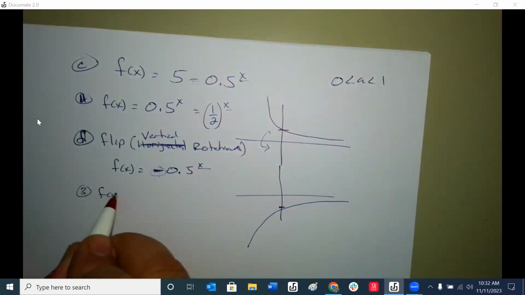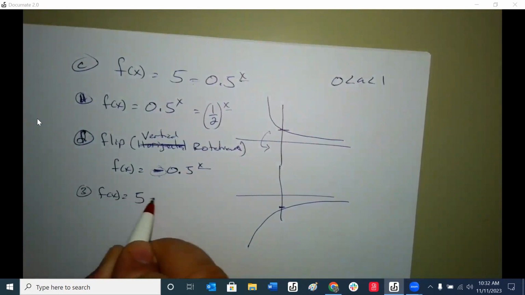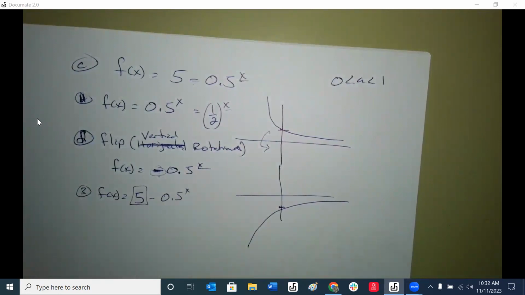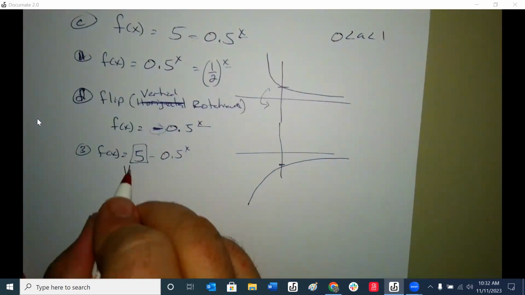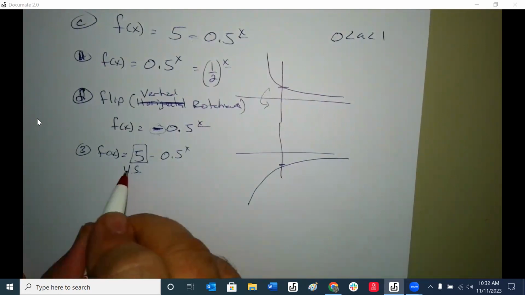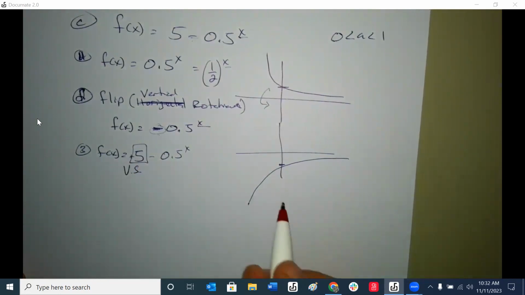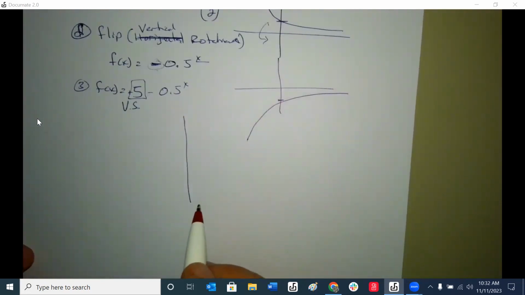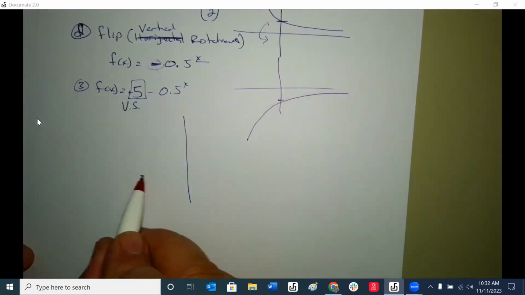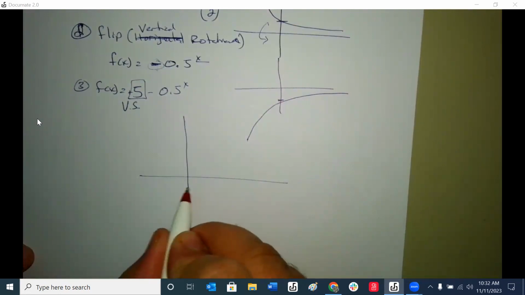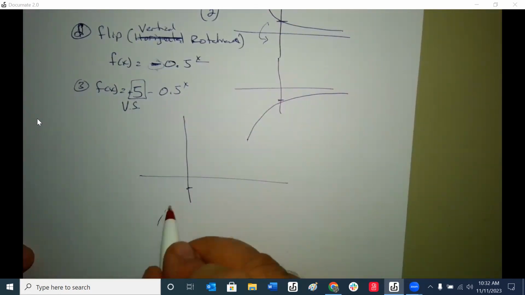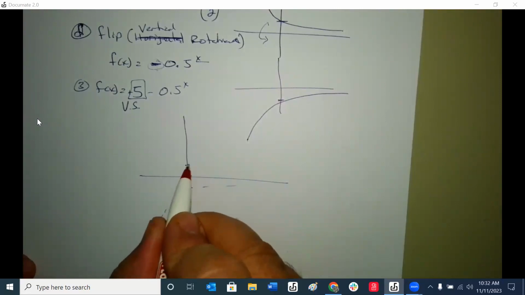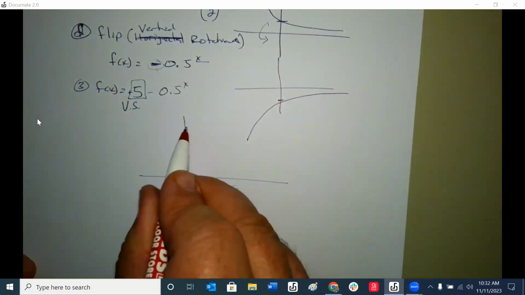And the 5, since this is outside the function, this is the vertical shift. It goes positive 5. It goes up 5 spaces. So there's the old. So let's go up 5: 1, 2, 3, 4, 5.